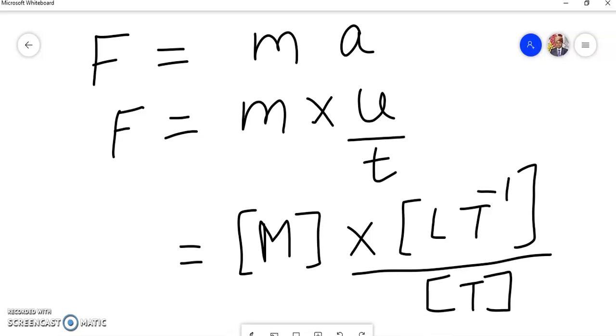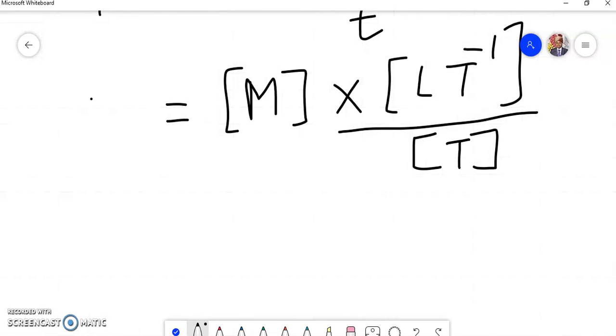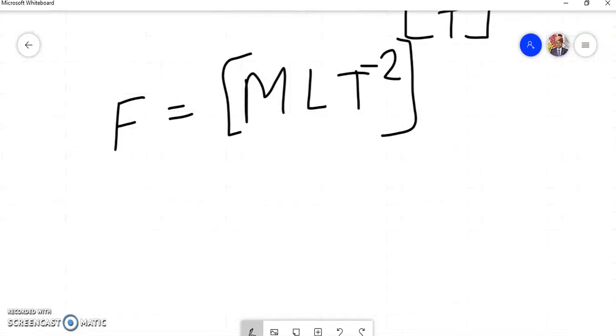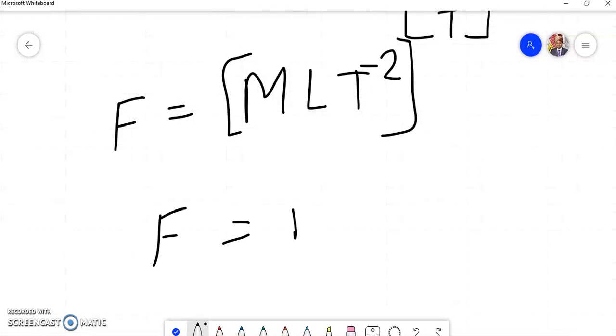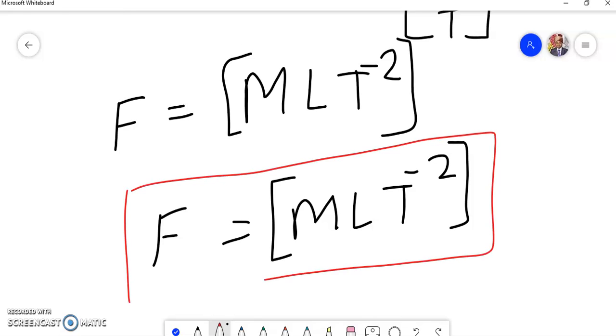Dear students, you can see that this force is now equal to M L t to the power -2. So you got the formula of force as M L t -2. This is the dimensional formula of force.